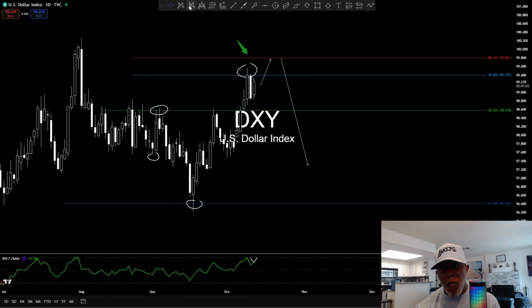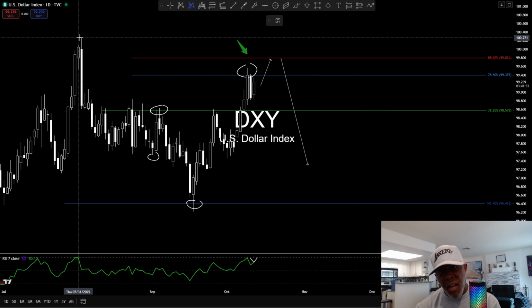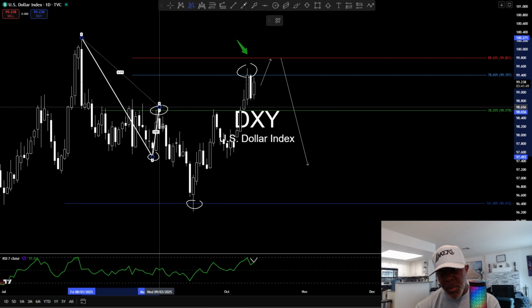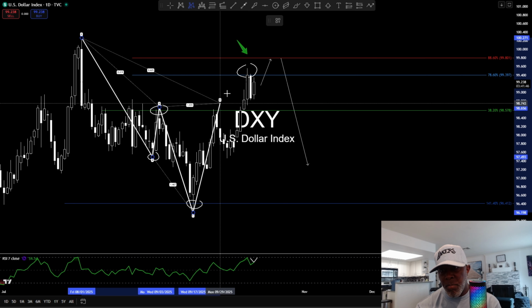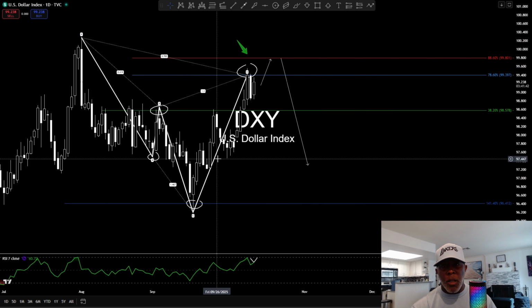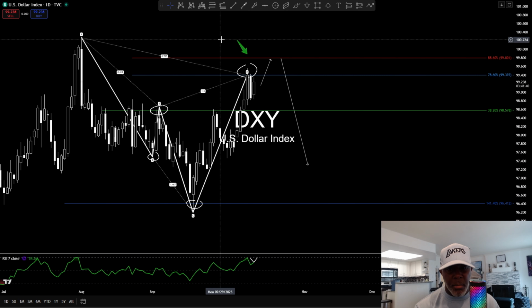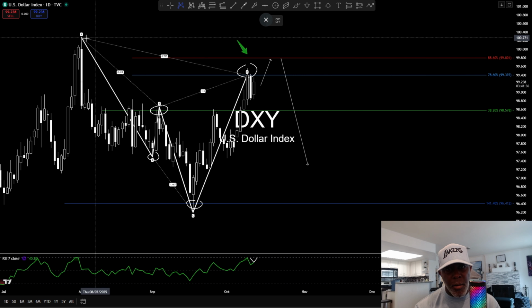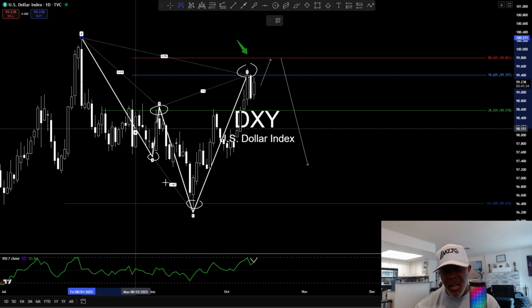So let's just throw both back on here. I'm going to start with the cipher pattern. Remember, we were coming high to low and back up here to C and then filled on cipher. I wanted to use different colors so that we could actually see both patterns. And then the bat pattern is, here's its swing high to swing low.